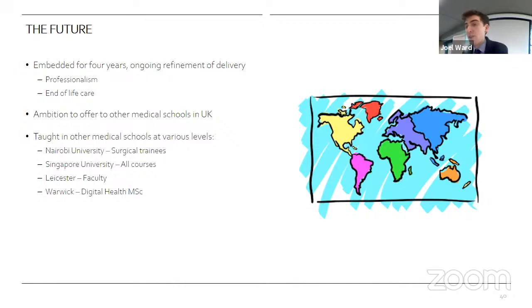Our ambition is to offer it to other medical schools in the UK at an undergraduate or postgraduate level, and indeed it's already taught in a variety of other faculties, so Nairobi University to surgical trainees of all levels, Singapore University across all manner of courses, with faculty at Leicester, and it's offered as part of a digital health masters at Warwick University already. Next slide, please.